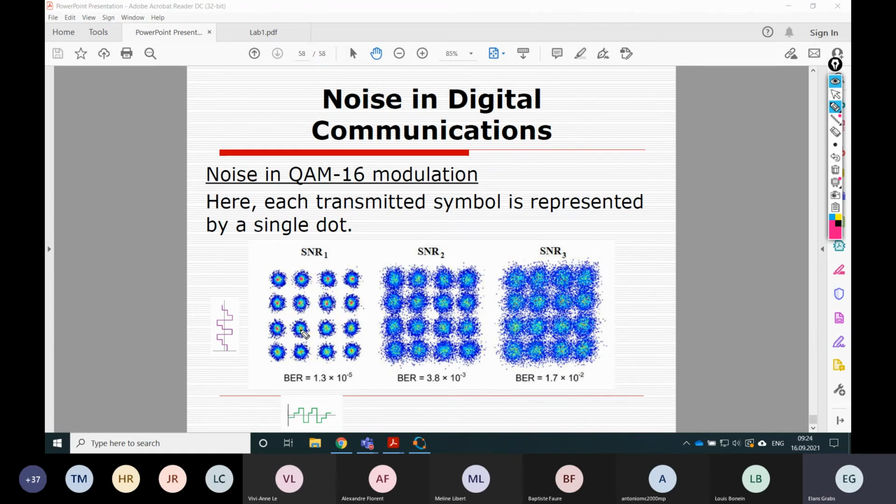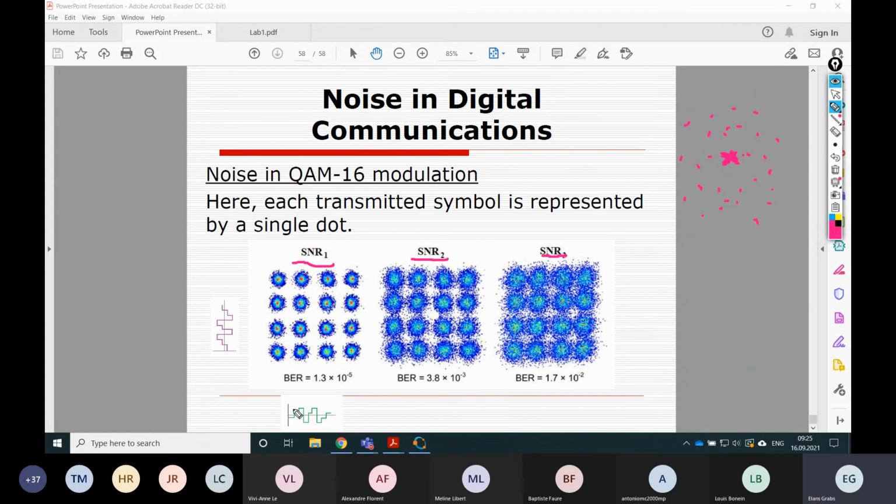Now, because of the noise, what we receive can be a little bit different. So we have our original signal, and we receive different fluctuations from this original point depending on the noise power. So here we have 1 signal to noise ratio, here we have a different signal to noise ratio, and here even different. You can see that we go further and further from this center as the noise becomes stronger.